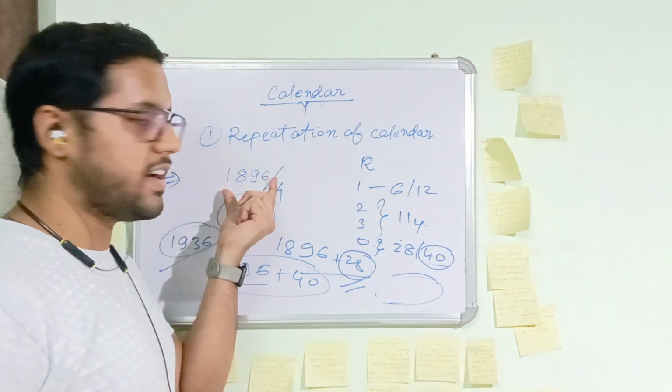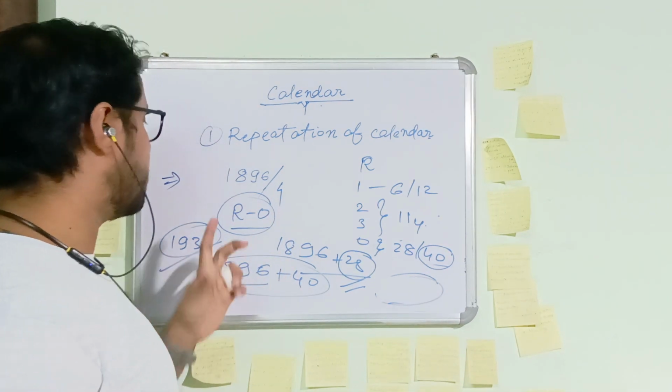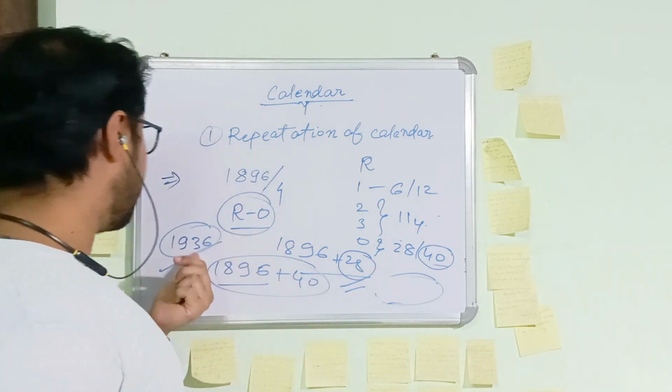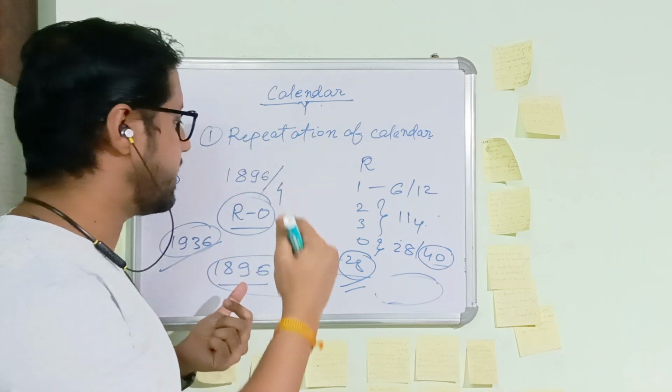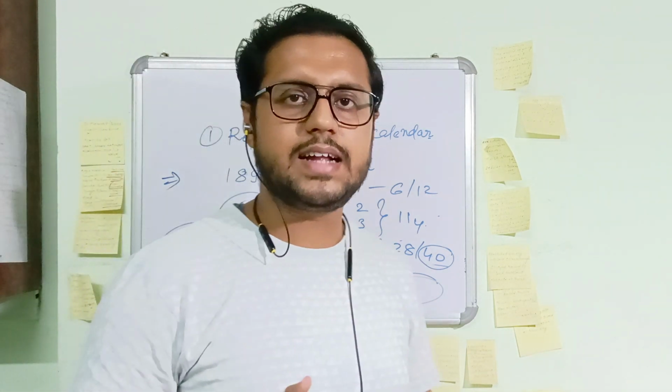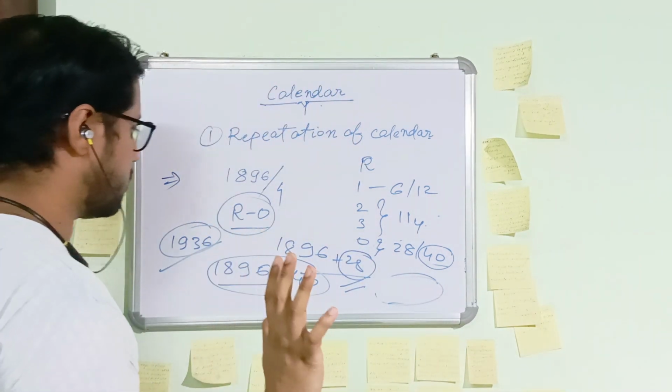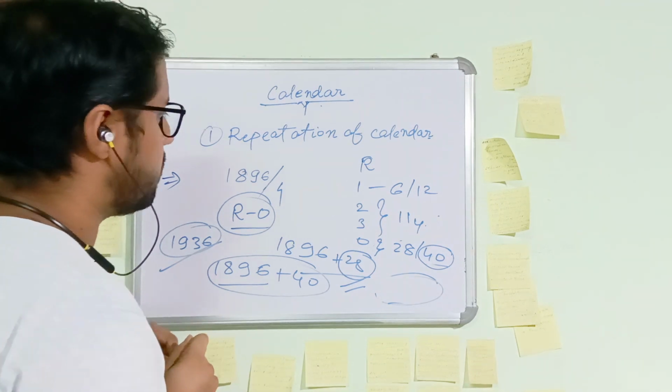This calendar will repeat after 40 years, and it means the 1896 calendar is similar to 1936. Okay, so this is all, and one more concept is left.